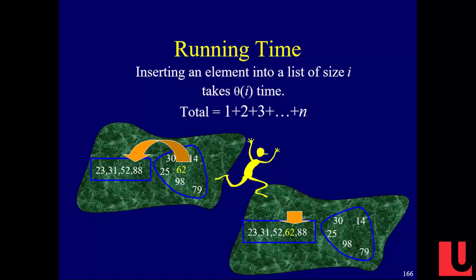A classic iteration is inserting a number here, so we have to think about the running time of inserting that. If you're me, you're going to say, I can do binary search to find out where it goes, and that's only log time. But does that work?